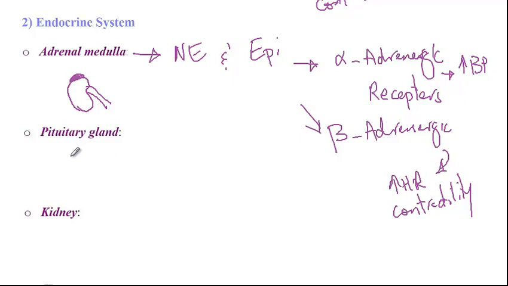Next gland is the pituitary gland, and the posterior pituitary gland releases the hormone called vasopressin, the other name for which is antidiuretic hormone. And the function of this hormone is to increase renal reabsorption of water. It can also mediate vasoconstriction.